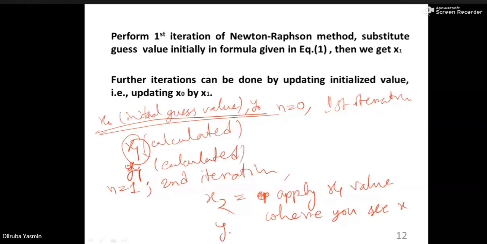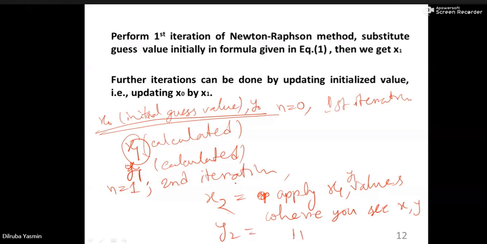Here you have to insert the x1 value instead of x, and the y1 value instead of y. Alright, so you can easily get the updated value of the estimated root after doing the required number of iterations.